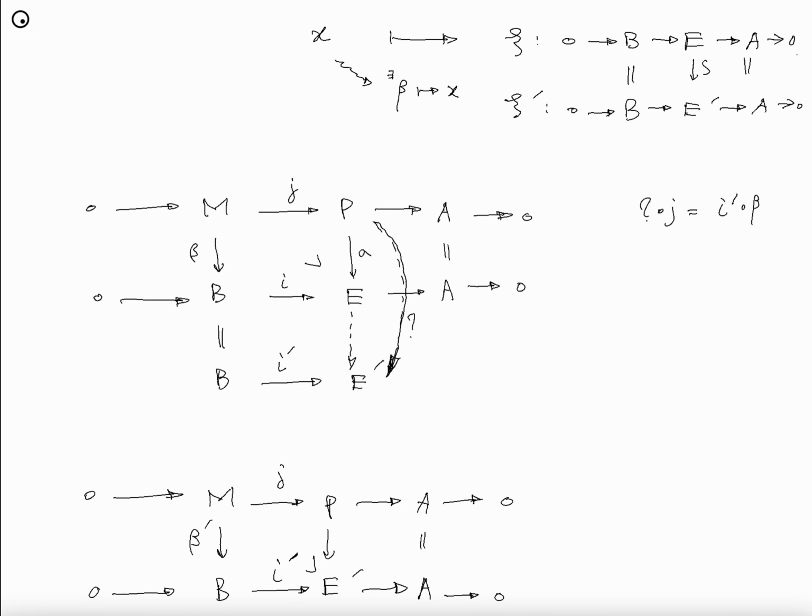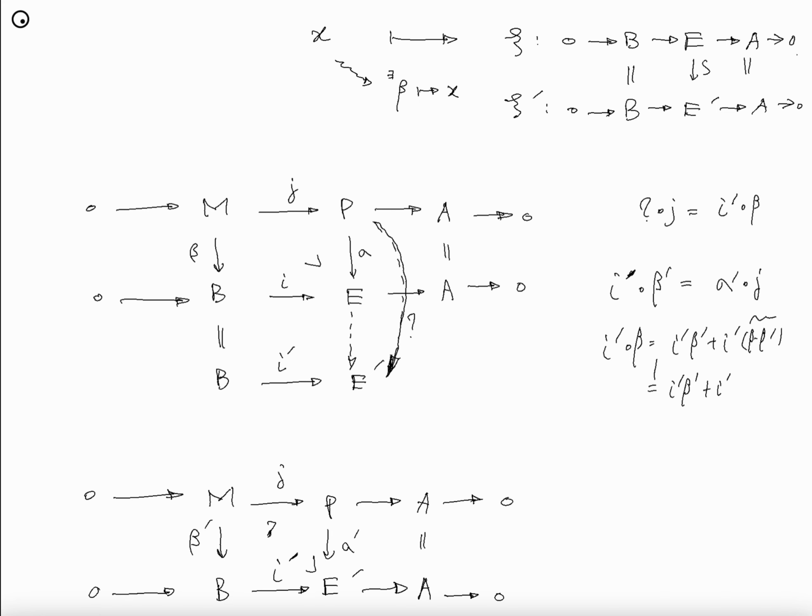What we know is that I prime beta prime is, let's call this sigma prime, sigma prime composed with J. And so it tells me that I prime beta is I prime beta prime plus I prime (beta minus beta prime), and so this is I prime beta prime plus I prime.